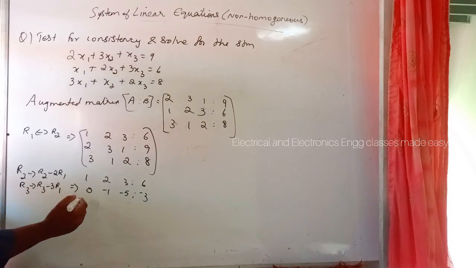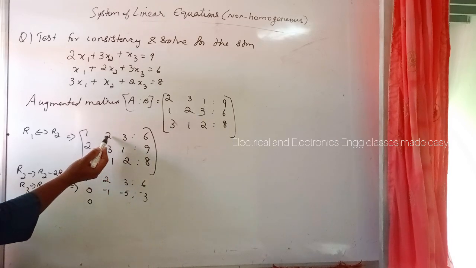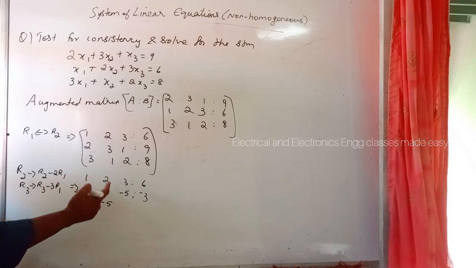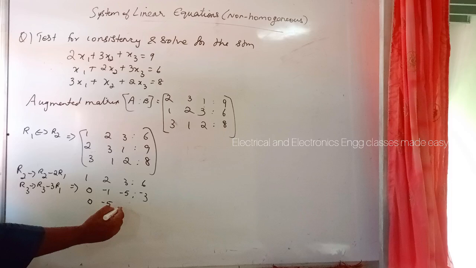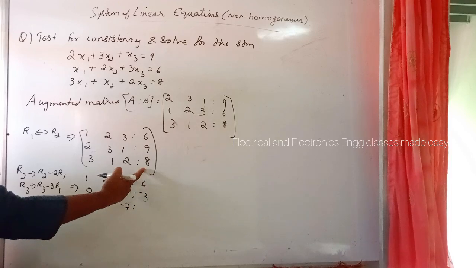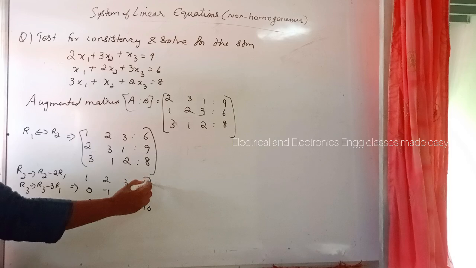Then R3: 0, then 1 minus 6, that is minus 5, 2 minus 9, that is minus 7, then 8 minus 18, that is minus 10.